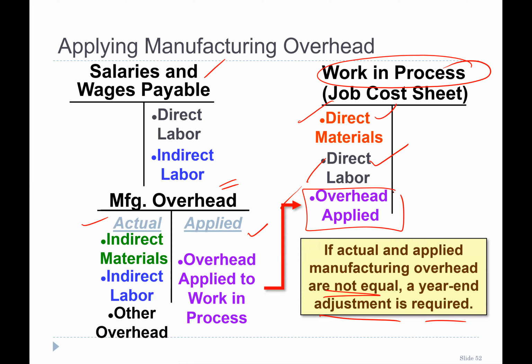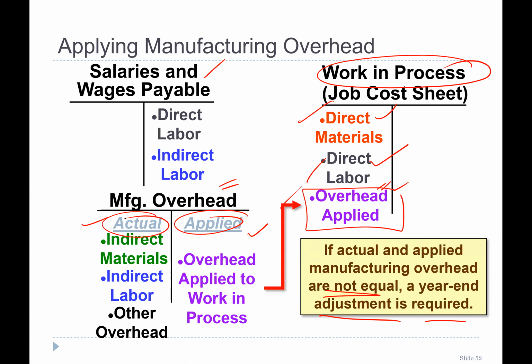But overhead, which is indirect labor and indirect material, is hard to find out in advance, so we estimate. So we charge the overhead applied here, right? If the overhead applied and actual are not equal, then we have a discrepancy or difference. Then we need to adjust that difference.